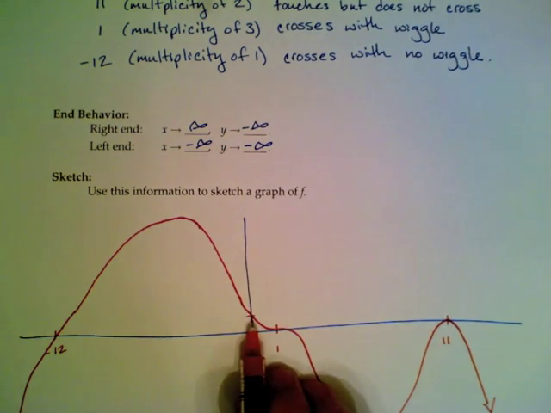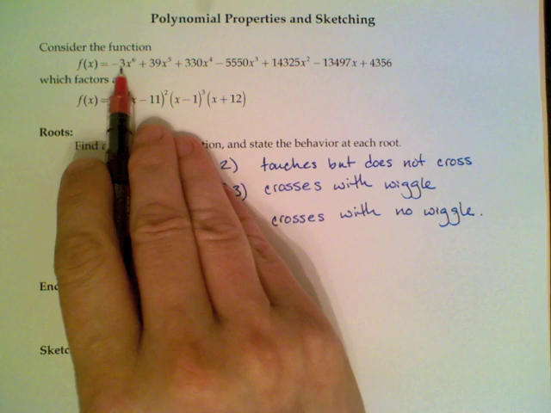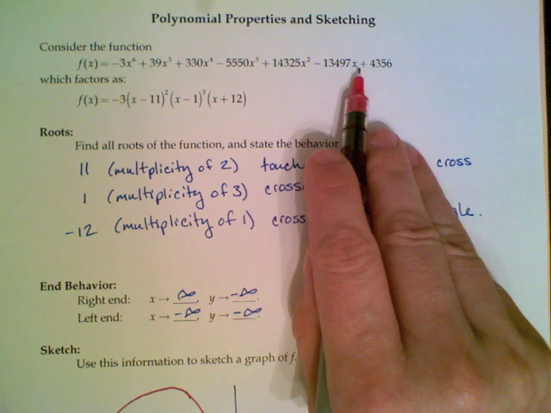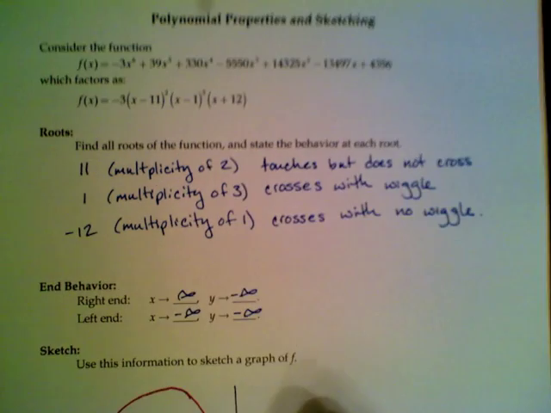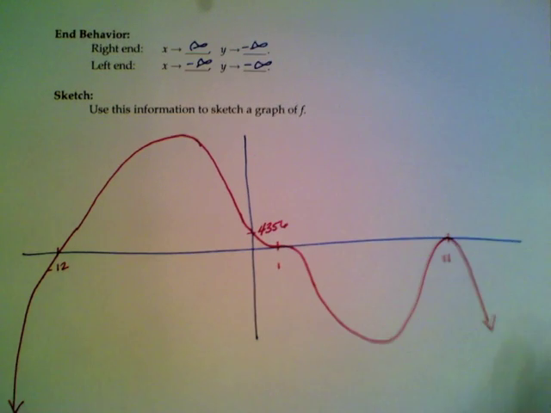The y-intercept of this function, if I look back up at the function in standard form, when x is 0, all of these terms are going to be 0. And my y-intercept will be 4,356. Oh, so I labeled that on the graph.